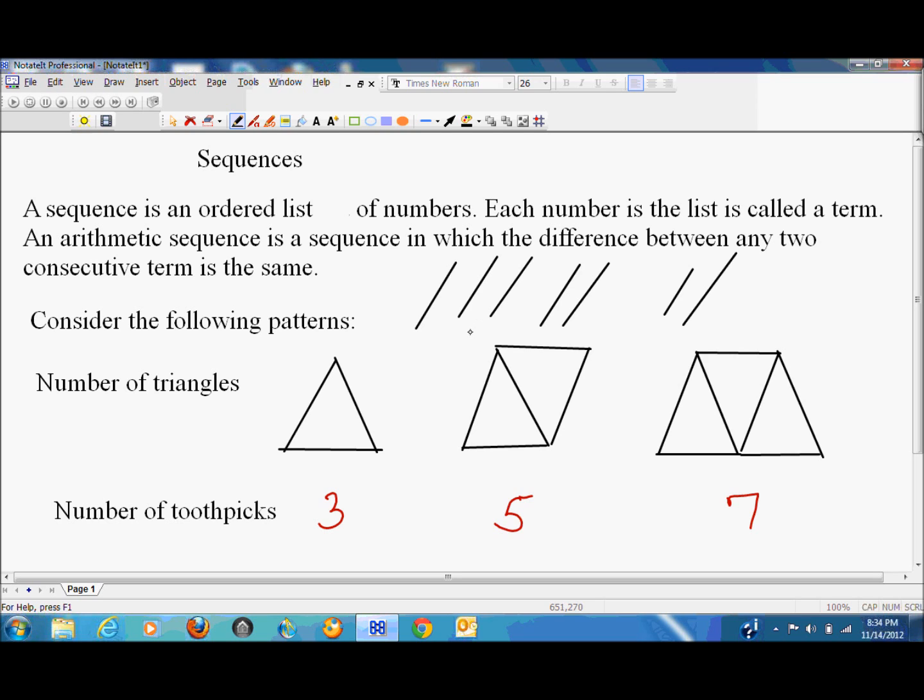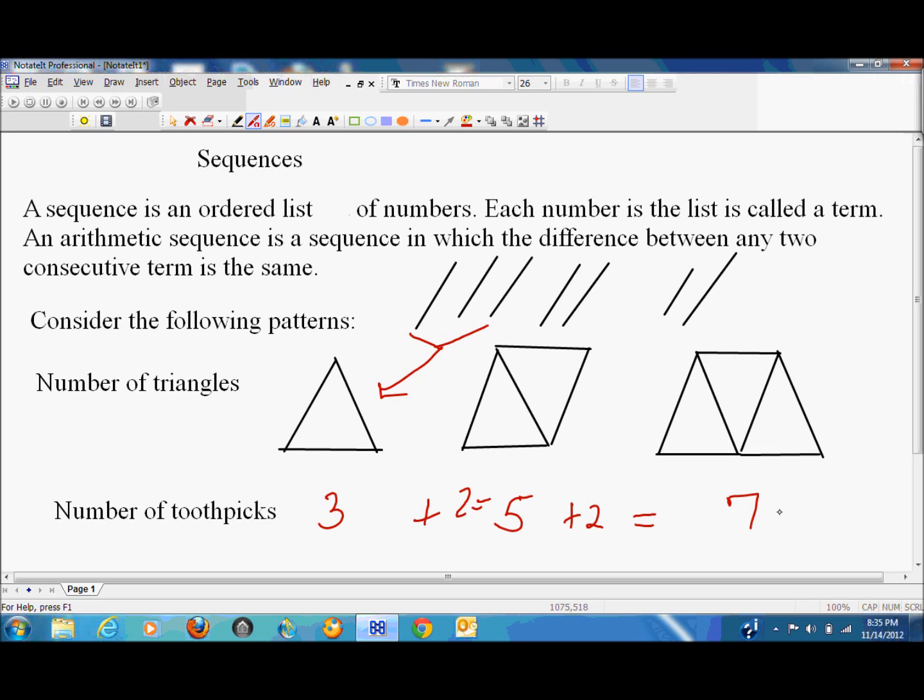Remember, I started with 3, then I added 2, that's 3 plus 2, which gave me 5, and then 5 plus 2 gave me 7. What would happen if I wanted to create 4?